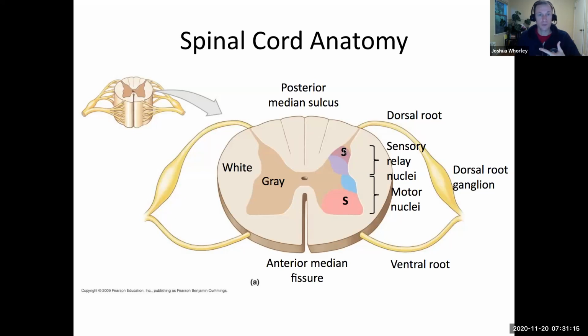We would say that we feel it, right? Like poking my finger, I am stimulating somatic sensory neurons. I can feel that, right? I'm forming a perception of what that feels like in my brain. I'm conscious of it. So those are somatic. If they do synapse, this is where they synapse with relay nuclei.